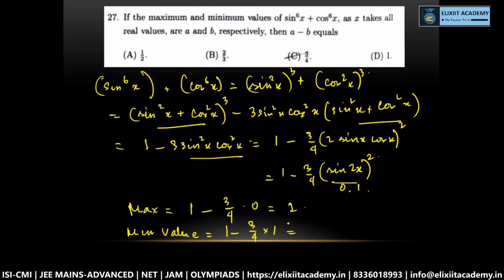So in this case we'll get 1 minus 3 by 4, that's basically 1 by 4. You're asked to find, so this is your A, and this is your B, maximum minus minimum, A minus B, that is 1 minus 1 upon 4, and that is 3 by 4. So 3 by 4 is the right answer.